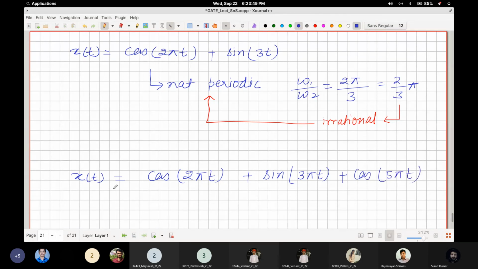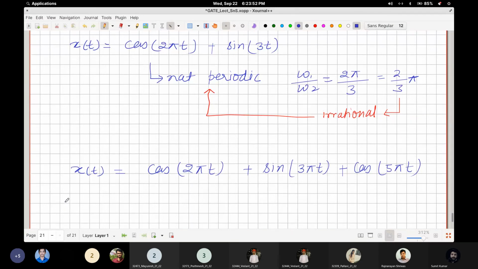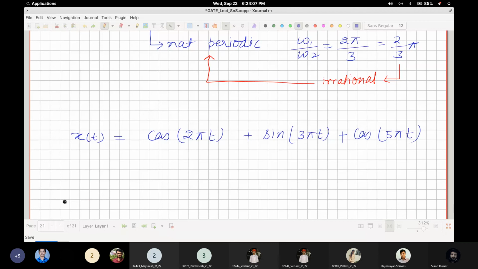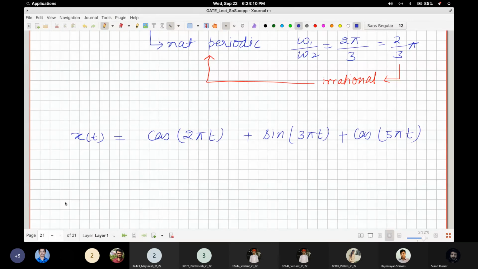Tell me whether this is periodic or not, and if it is periodic, what is its fundamental frequency or its fundamental period? Is it periodic? Yes, sir, periodic.